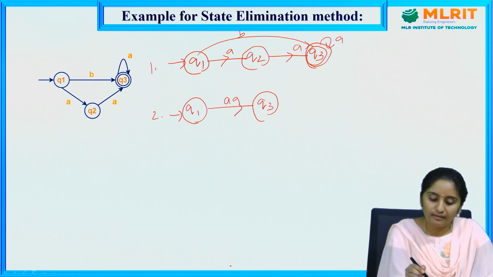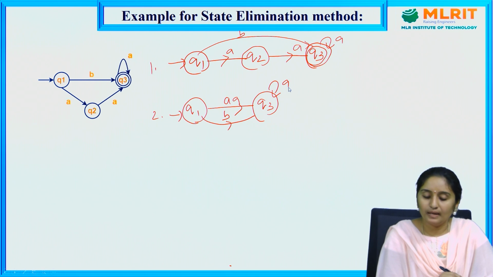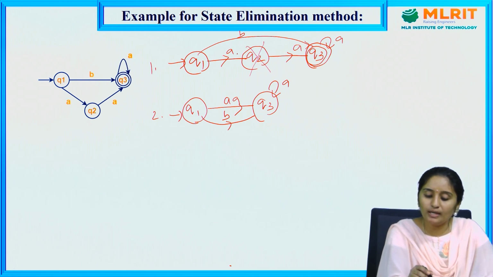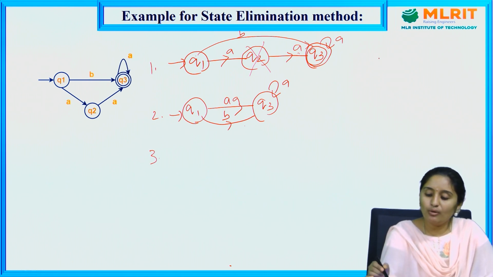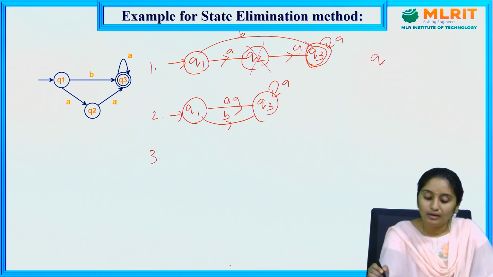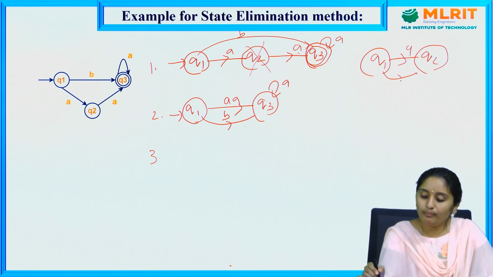AA, and again I have B and A. See here, I eliminated the Q2 state. If I eliminate Q2, we get AA from Q1 to Q3, and there is also B from Q1 to Q3. From Q3 there is a self loop A. So how can I write it? Q1 to Q2 I have A, and B is also there.